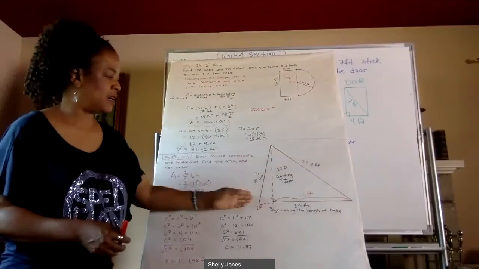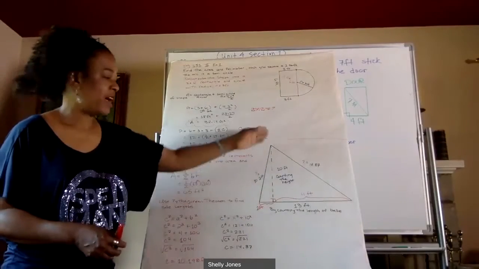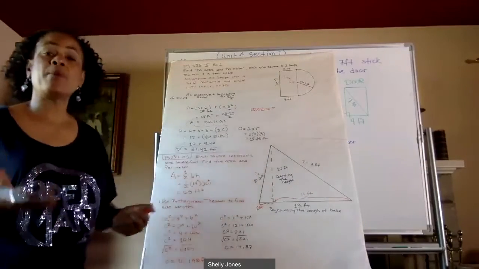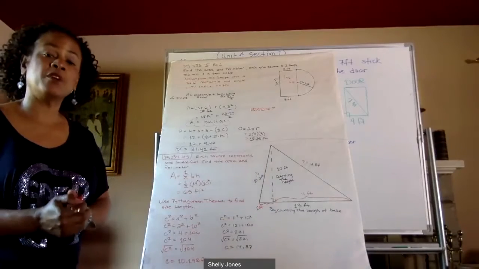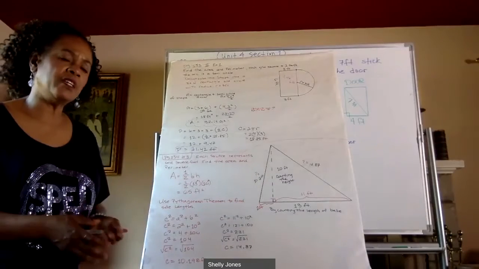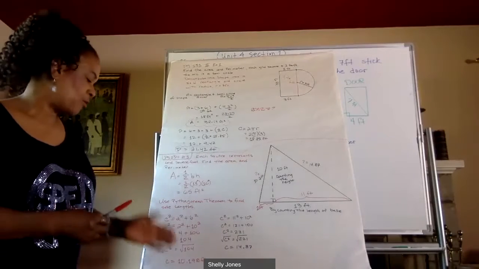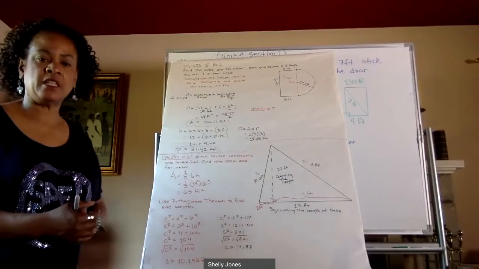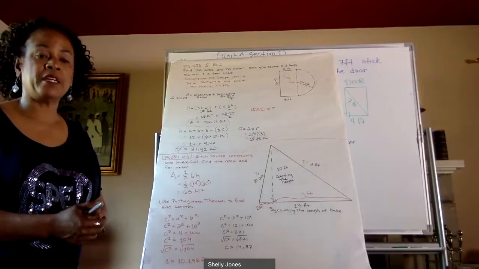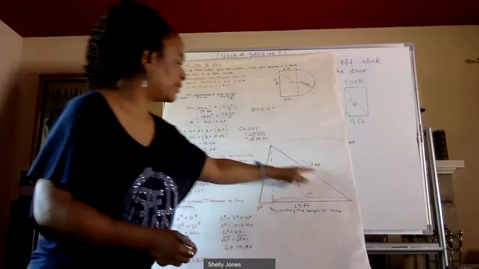C is the hypotenuse. So that's the leg. So for this, my hypotenuse is actually the length of one of the legs. So I'm thinking it through. I'm making sure, okay, I use my Pythagorean theorem, but once I find C, well, what is C? That's the length of one of the legs.